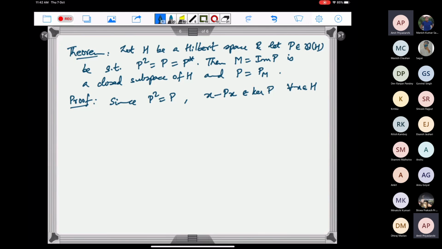Because if you take P of this, that will be equal to P of X minus P square X, but P and P square are same, so that will be equal to 0. So X minus PX is in the kernel of P.